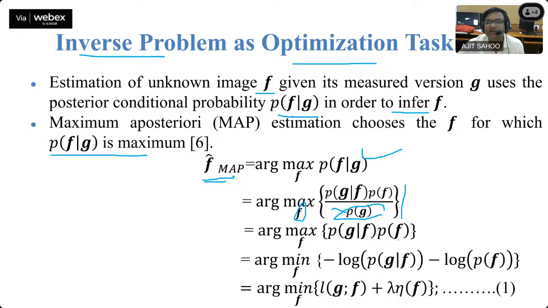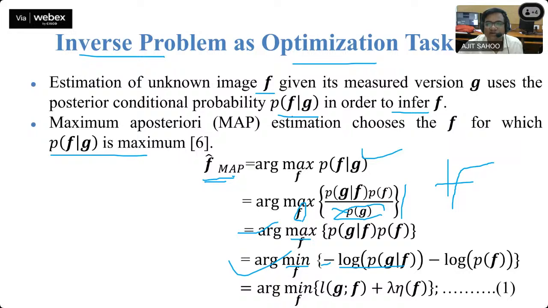It will be p(g|f) p(f), and this maximizing problem you can convert to a minimizing problem by putting a negative sign and taking the log, because the logarithm is an increasing function. If x is increasing, the function value is increasing. So you can put minus log. The solution to both of these is the same.